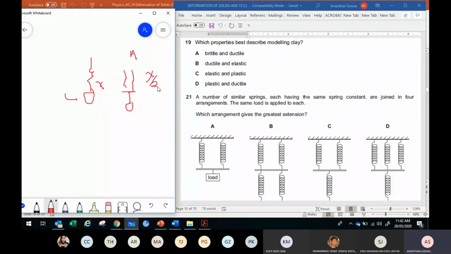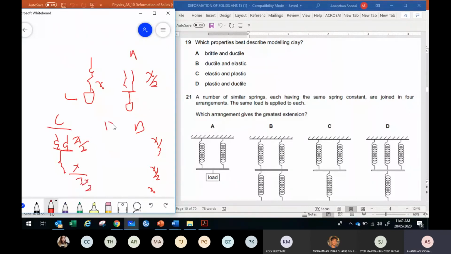They share, so the extension is lower. For the case of B, up is X over 2, down is also another X over 2, so all make up to X. Then C will be up 2 in parallel, so it's X over 2. Down is only one single spring, so X. So the total extension is 3X over 2.